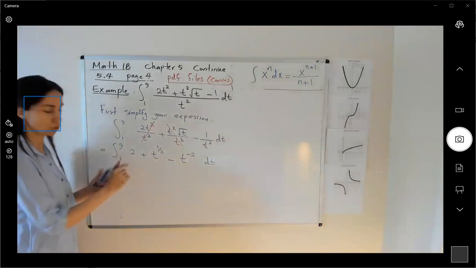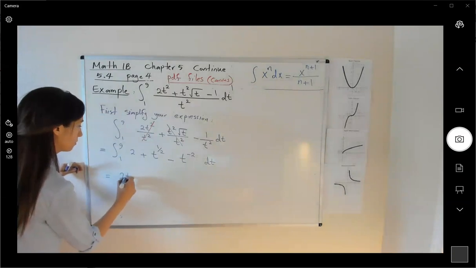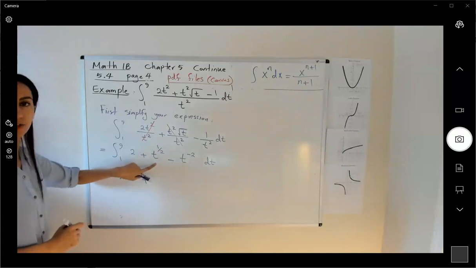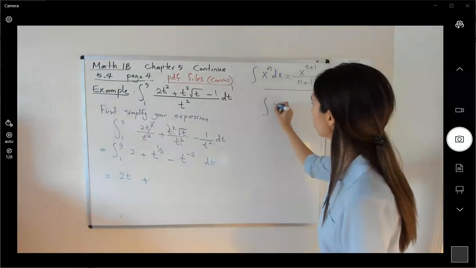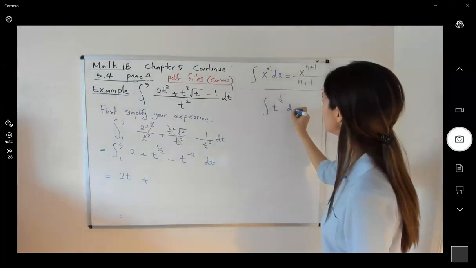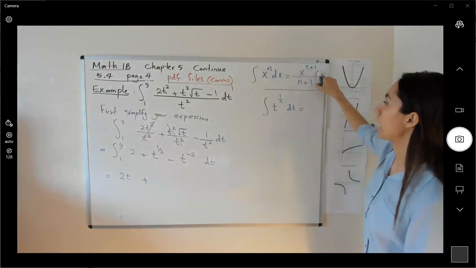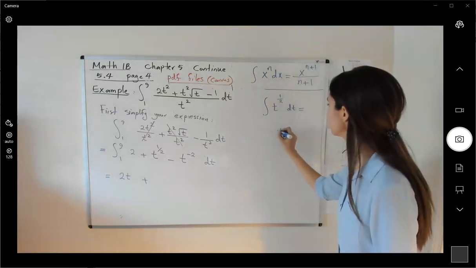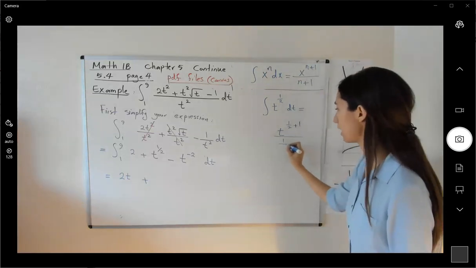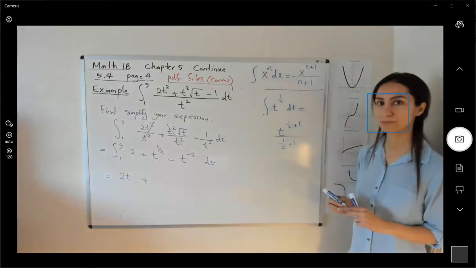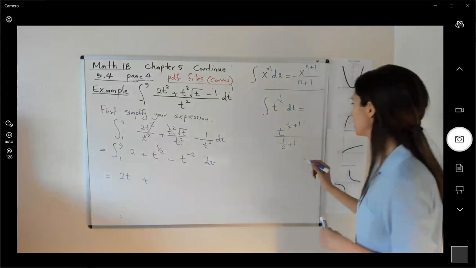The integral of 2 is just going to be 2t plus. Now I'm going to take the integral of t raised to a half dt. Your exponent n is a half. We have to add 1 to it. You get t raised to a half plus 1 divided by a half plus 1. A half plus 1 is 3 over 2, 3 halves.